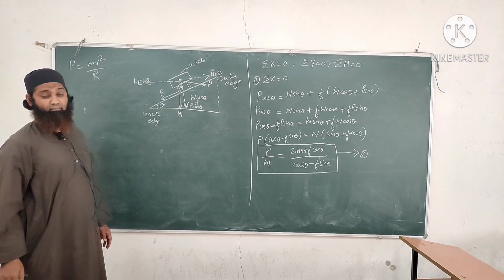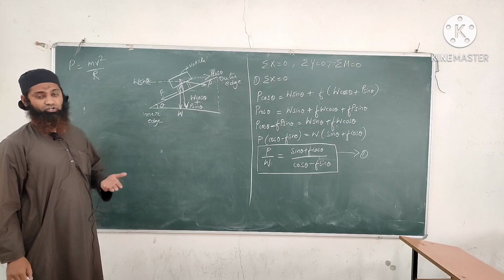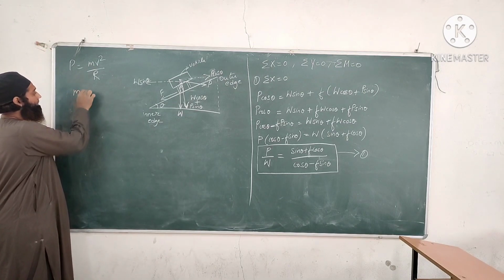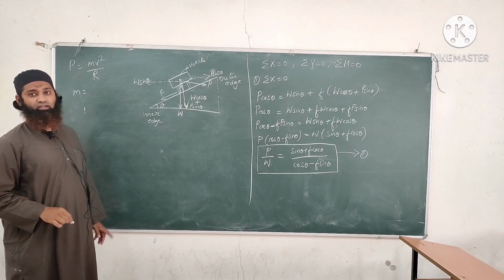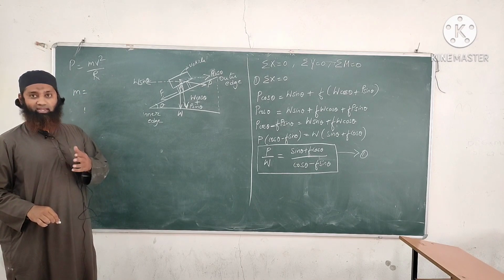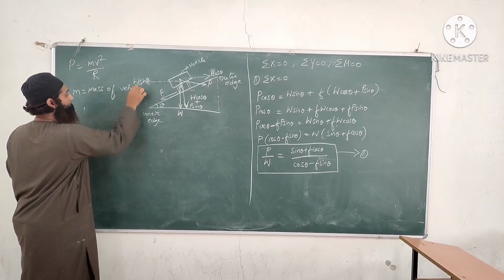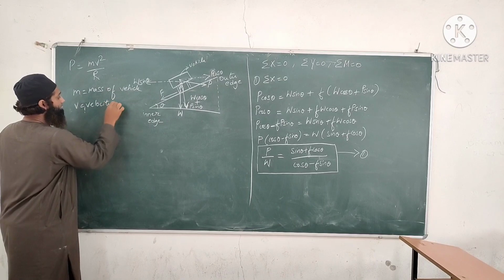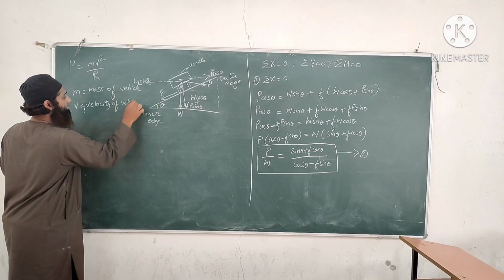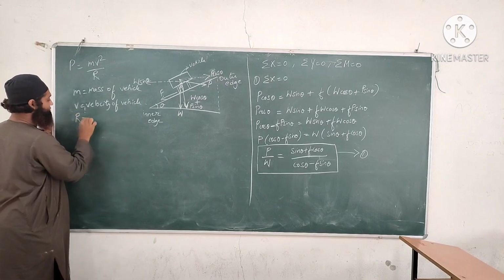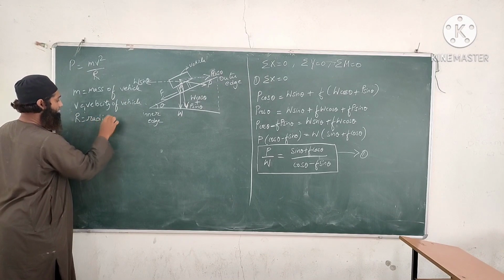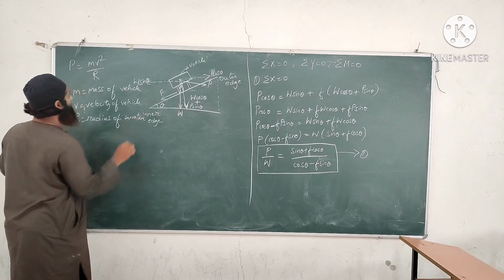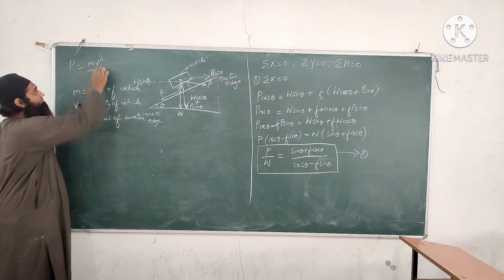Here m is the mass of the vehicle, v is the velocity of the vehicle, and r is the radius of curvature.